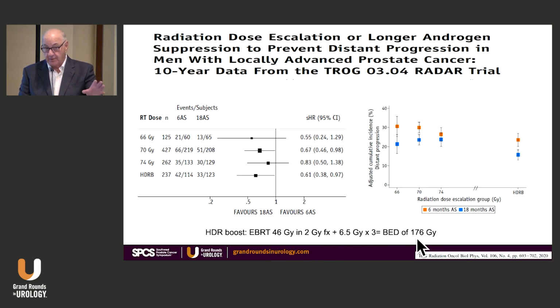So remember I talked about 200 being the cut point. Even at this higher dose represented here, you still see the advantage of 18 months of hormonal therapy. So now you're starting to get some idea that 175 or so is not enough to lower the dose of hormonal therapy. This is 18 months versus 6 months.